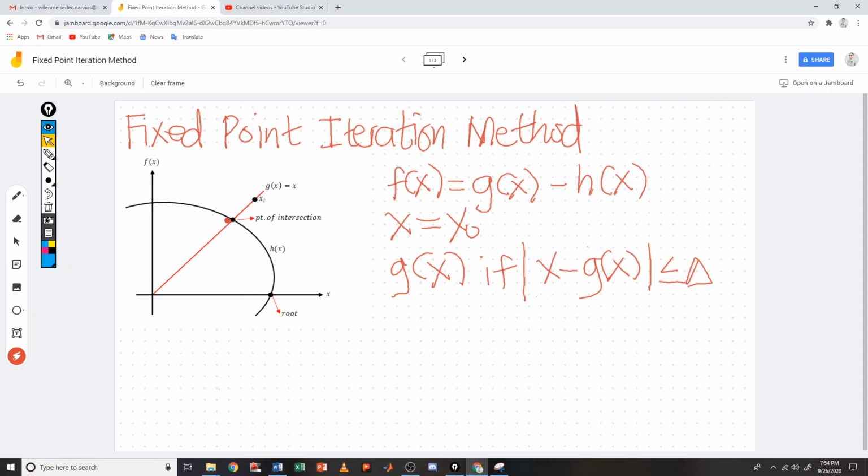As you can see, there are points of intersection, the intersection of g(x) and h(x). We'll find an exact solution that converges to the point of intersection between these two curves, h(x) and g(x), until the point of intersection converges to the root of the function.